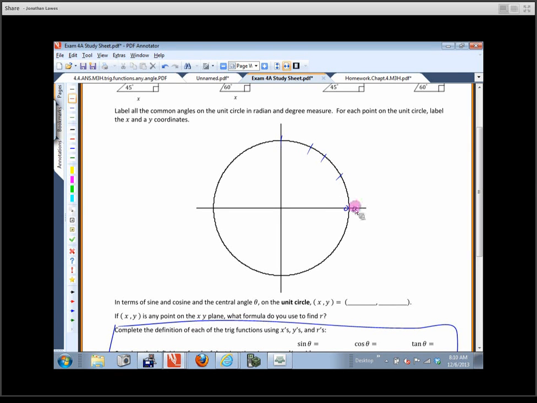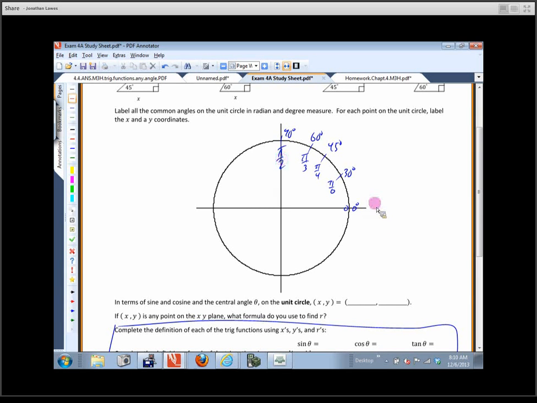So mark that in degrees and radians. So this would be pi sixths, pi fourths, pi thirds, pi halves, and you'd continue going around. In degrees, this would be 30 degrees, 45 degrees, 60 degrees, 90 degrees, and so forth. Go all the way around the circle like that, and mark down each one of the coordinates.